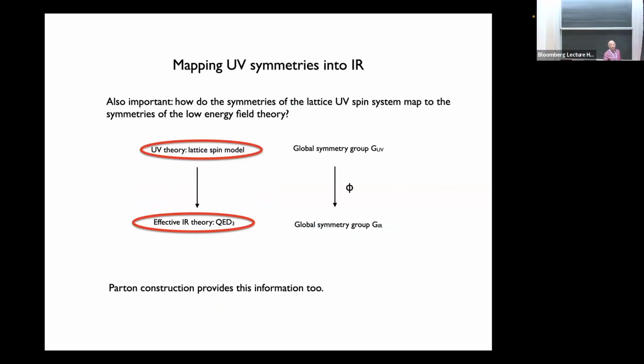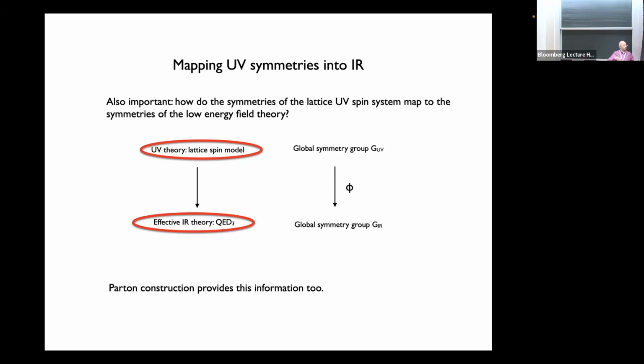So one of the utilities of this construction is not so much to relate energy scales of the low energy field theory to UV energy scales. Well, I don't even know the UV Hamiltonian, right? But it is to map UV symmetries into the IR. On the lattice, I have a spin model with its global symmetry group, SO3 times time reversal times the space group. In the IR, I have this QED3 theory, and we've described the symmetry of the IR theory.